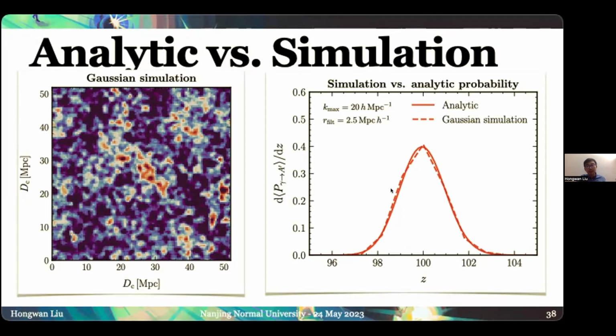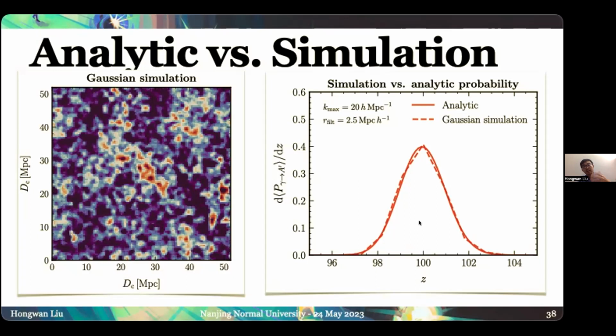And the result that we get is shown in the dashed line on the right. As a function of z, we plot the differential probability of conversion. And here, I've overlaid the analytic result, which is shown in the solid red line. And you can see that the agreement is very, very good, which shows that the analytic argument that I gave you earlier does indeed work when compared to simulations.